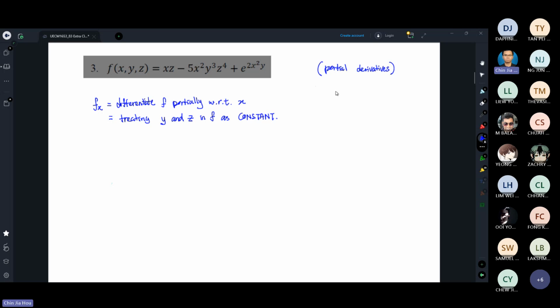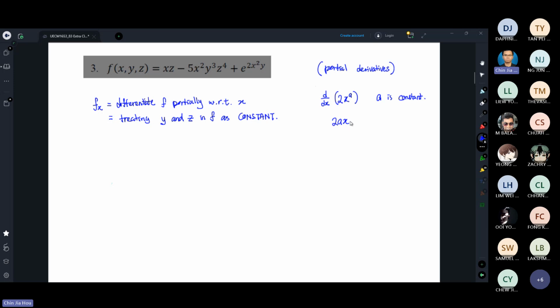Just like in this case, if we have 2x to the power of a, for example, if we want to differentiate it, how should we do it? A is a constant. Usually how we do it is just think of a as a number. So by using the power rule, we bring down the a, right?